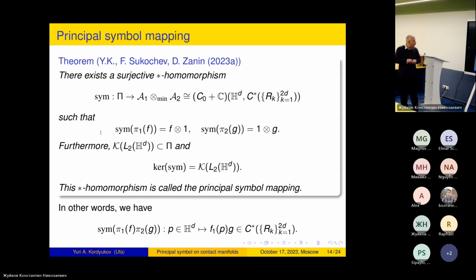And what we do is we say, let us fix x. Then we have a convolution operator, with the function just x minus y. And to get the symbol in the classical case, we just take a Fourier transform. But here we don't have the Fourier transform, so we just do it at this level.